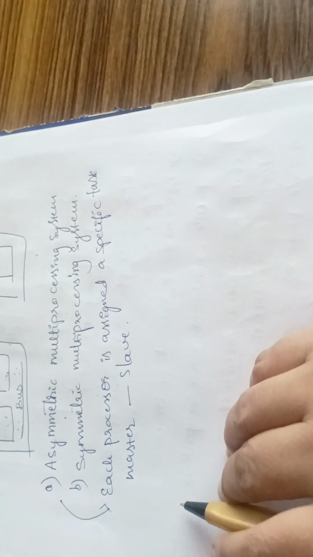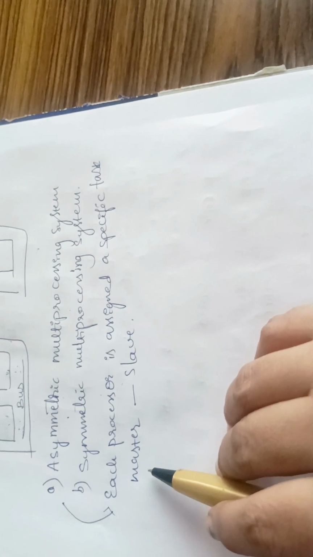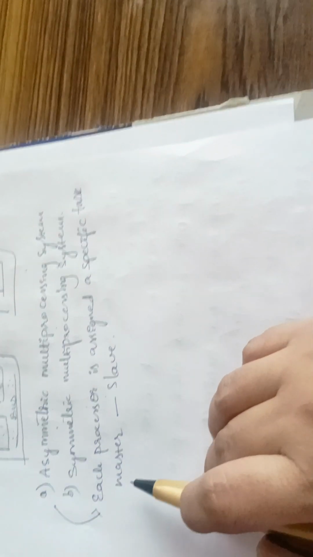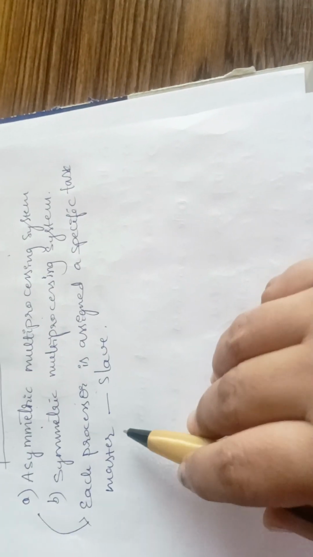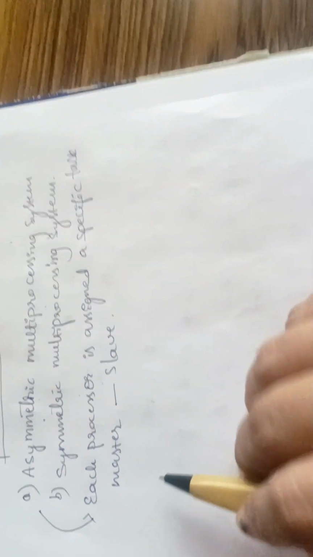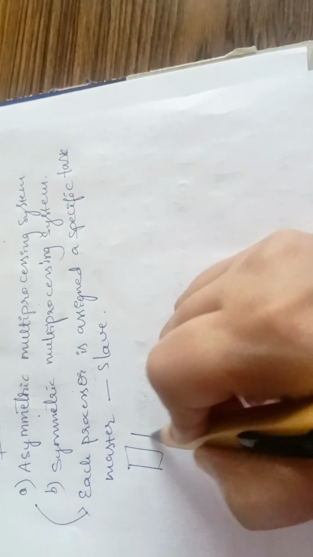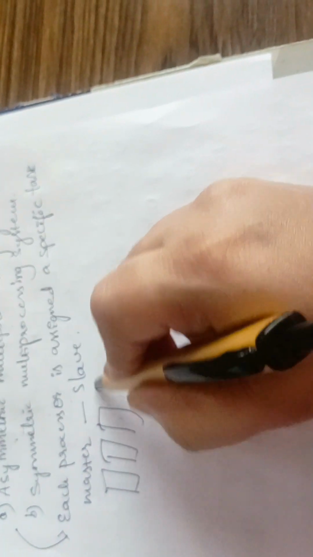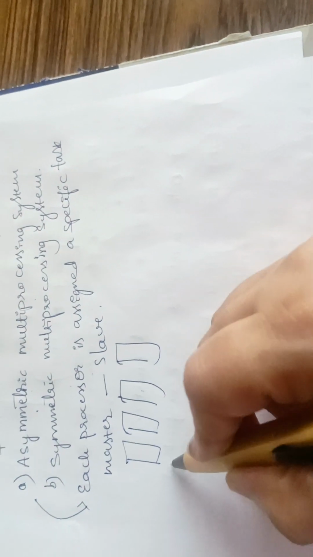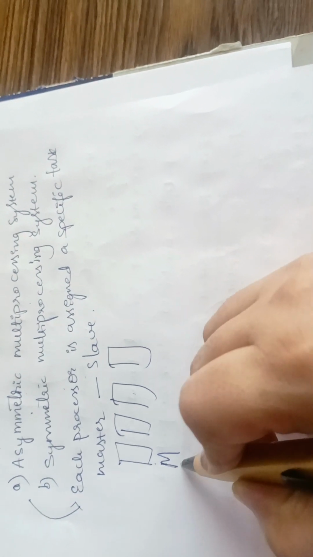Any one processor will be taken as the master and the others are slaves. If many processors are there, this one will be taken as the master, and these are all slaves.